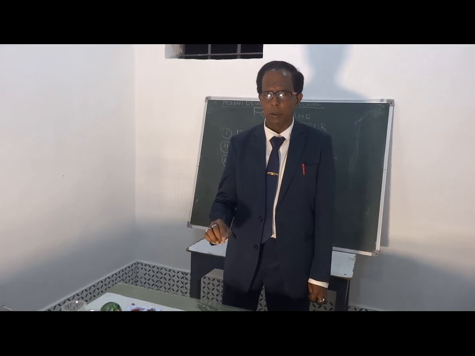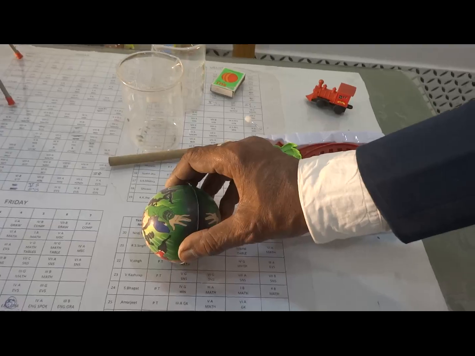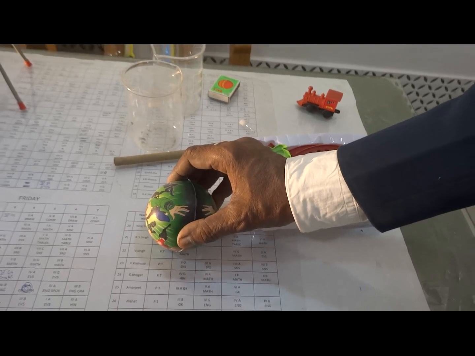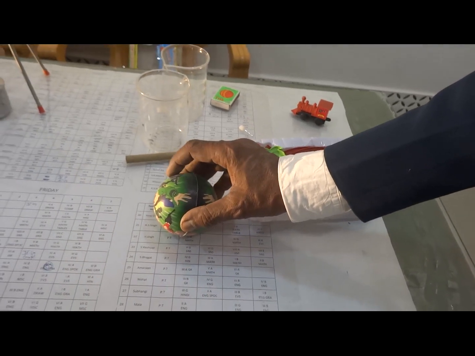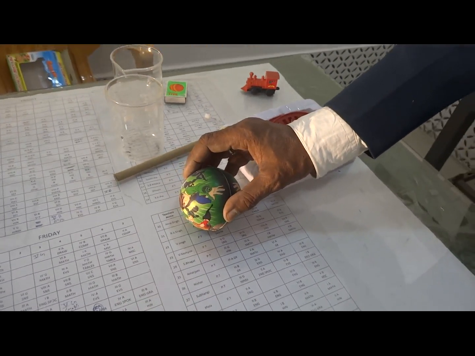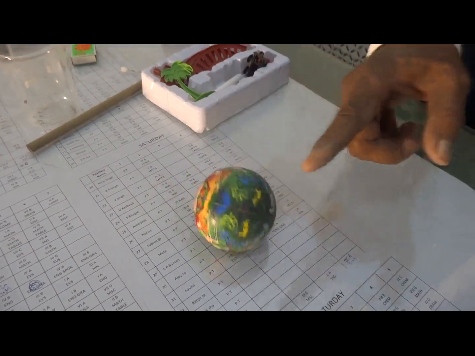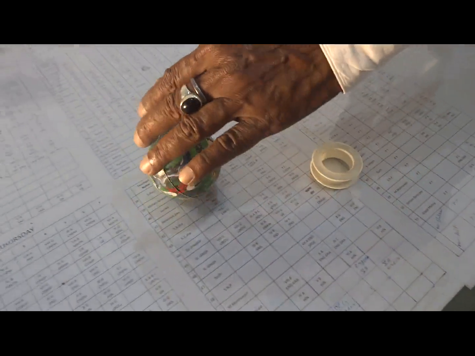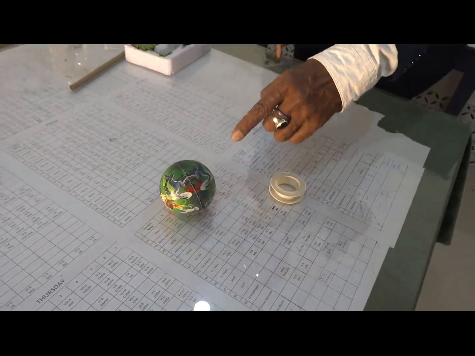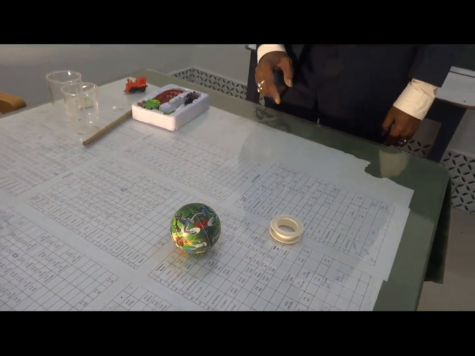A third activity. Now, with the help of this ball, I am going to show what force is. This ball is moving, but a force is applied on it and its motion is stopped.